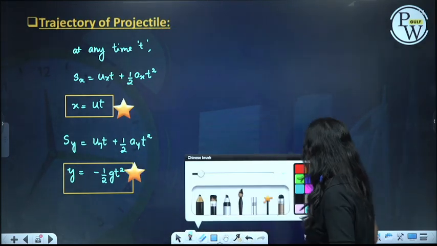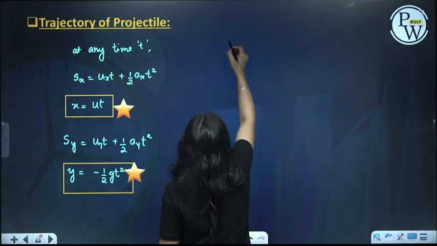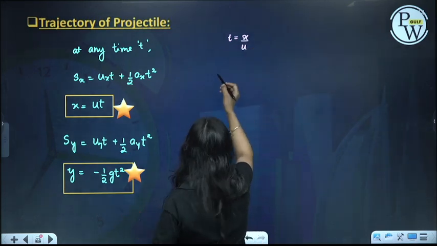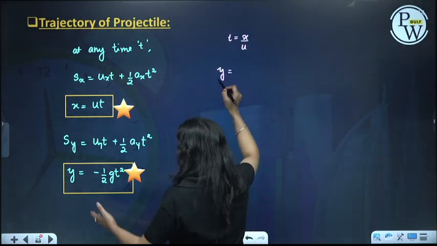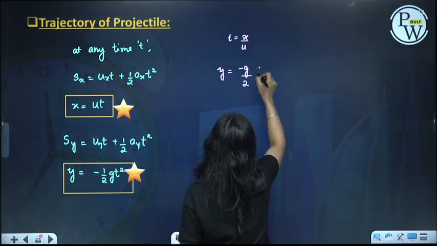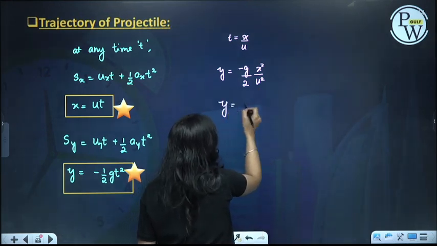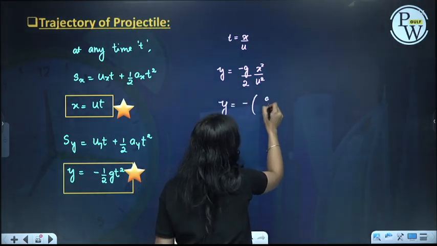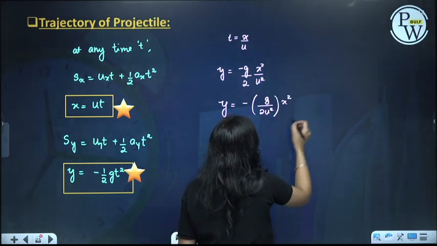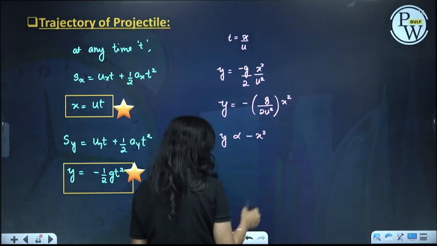Now let us define the equation of trajectory. From this we can write t is equal to x by u. Substitute in the second equation, we will get y equal to minus g by 2u square into x square, or we can say that y is proportional to minus x square.